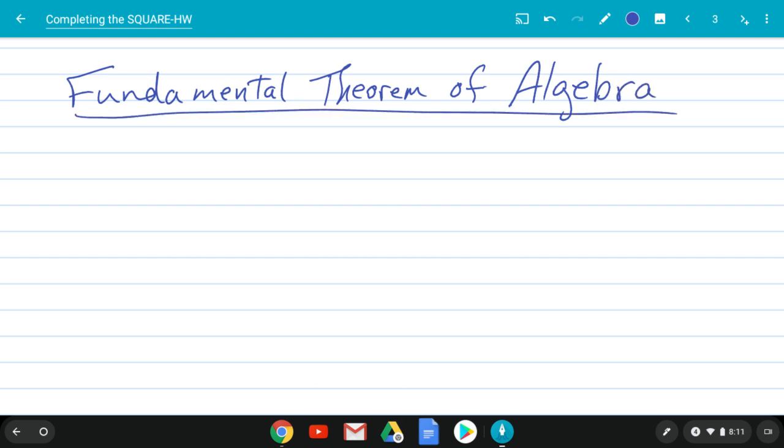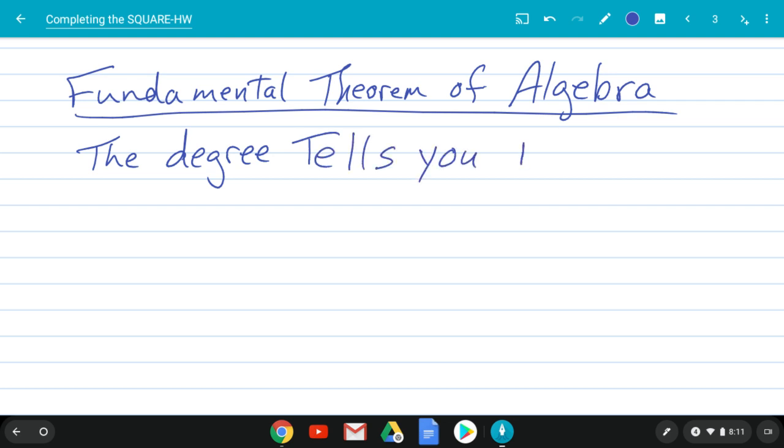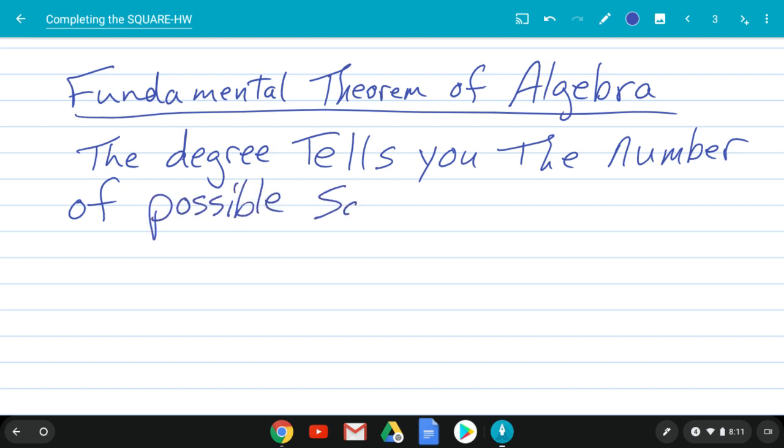A fundamental theorem of algebra in layman's terms. Okay, the fundamental theorem of algebra. The degree tells you the number of possible solutions.